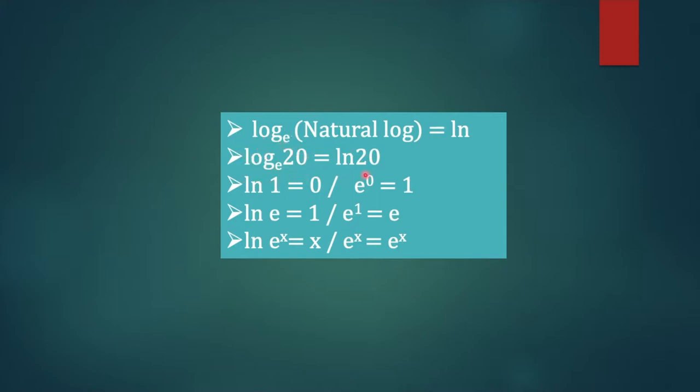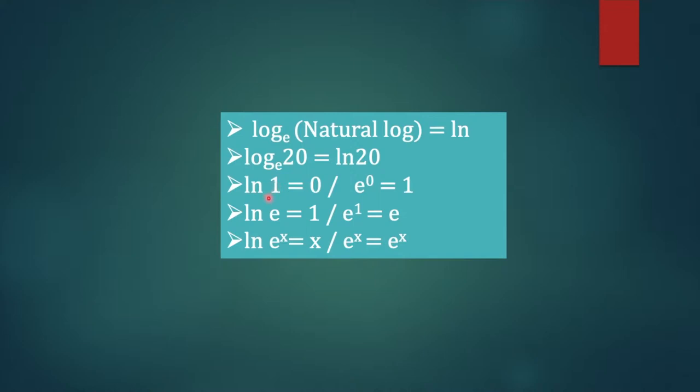These are some of the properties of natural log. Natural log of 1, you can also write as log base e of 1. What is the power of e to become 1? As we know, anything to the power of 0 is 1, so e to the power 0 is 1.